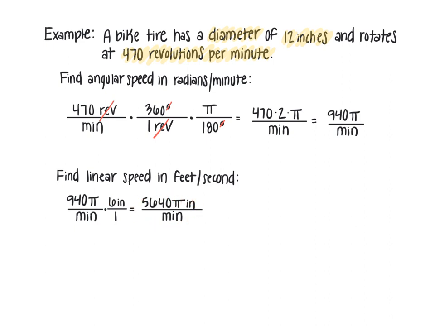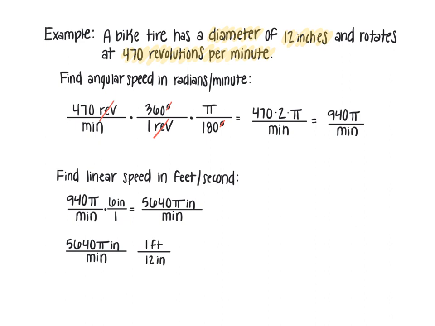But I'm not exactly finished with this problem because they're asking me for linear speed in feet per second. So here I have to do dimensional analysis again before I can get to my correct answer. Let's first start by going from inches to feet. For every 1 foot, there are 12 inches, so I'm going to add that conversion. 1 foot is 12 inches.